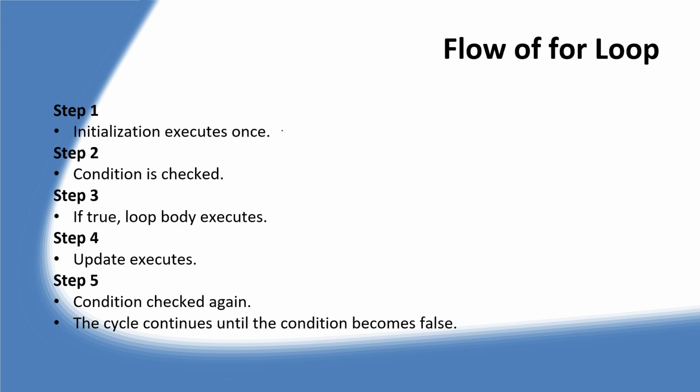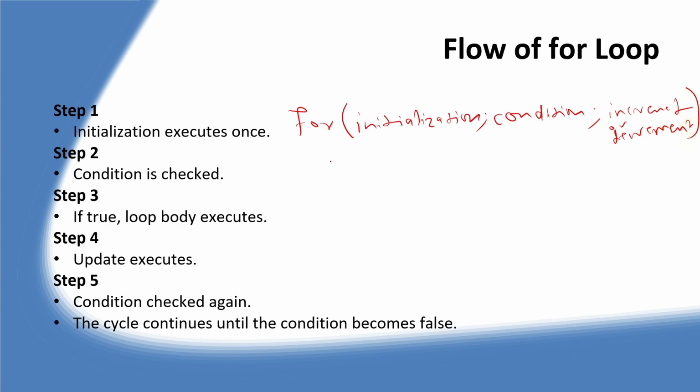We have a loop, let's say a for loop, with initialization, then condition, and then increment or decrement, and we'll have lines of code to repeat inside curly braces, then a closing curly brace.